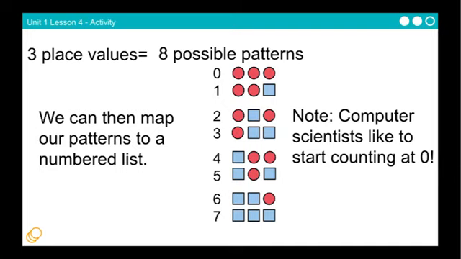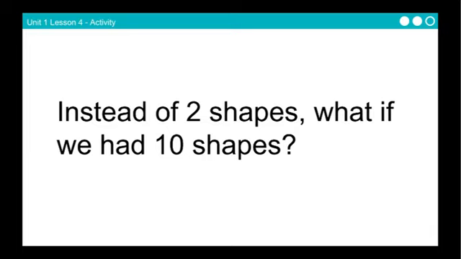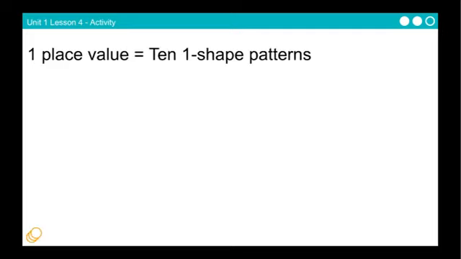Okay. So instead of 2 shapes, what if we had 10 shapes? Like I said, our n minus 1. With one place value, we have 10 one-shape patterns. We could use more geometric shapes or we could use letters, but the shapes we are used to are the numbers 0 through 9.